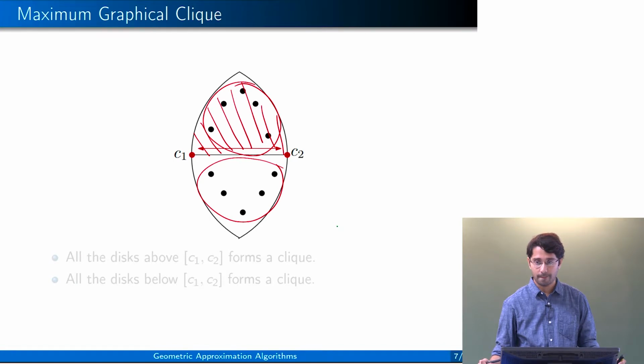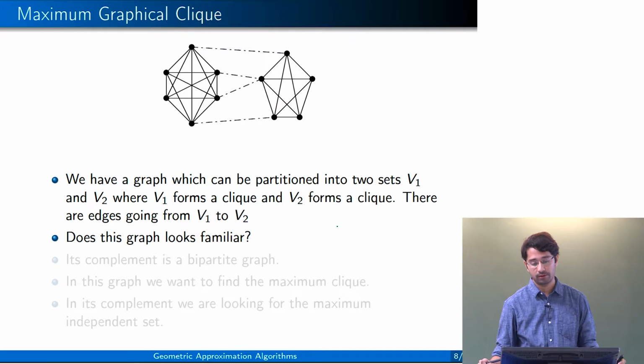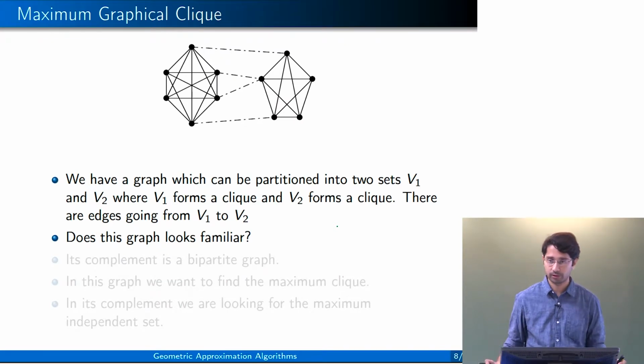So there, within the radius 1, you can have a clique, and here also a clique is there. So this is the kind of graph that you will get.